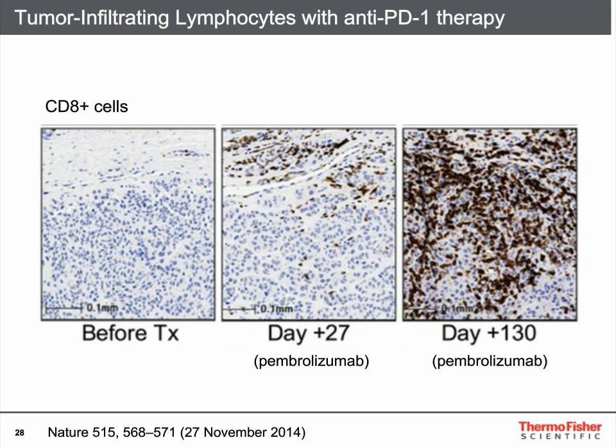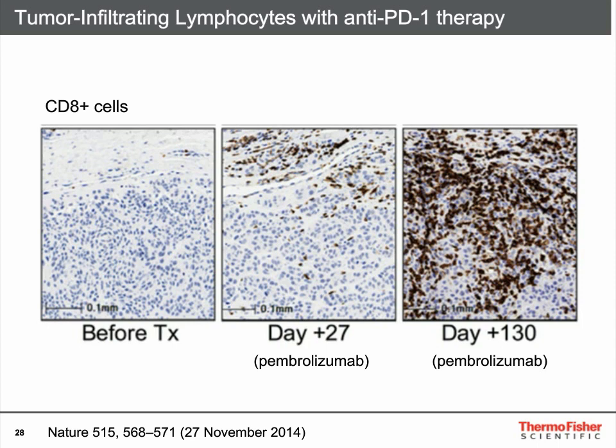And so we can see in a patient where biopsies were taken over time, both before treatment, on the left, where we see almost no brown dots, almost no CD8 positive tumor-infiltrating lymphocytes.